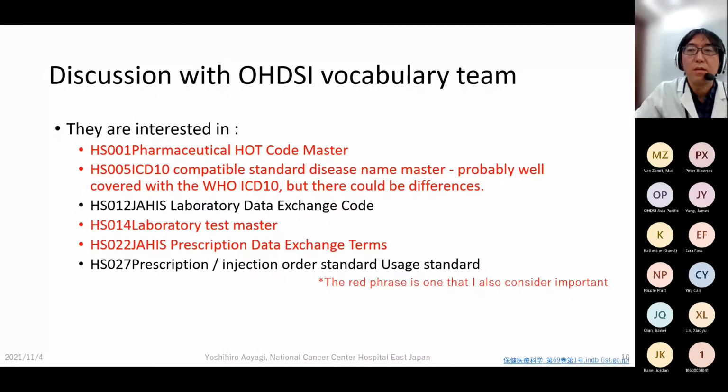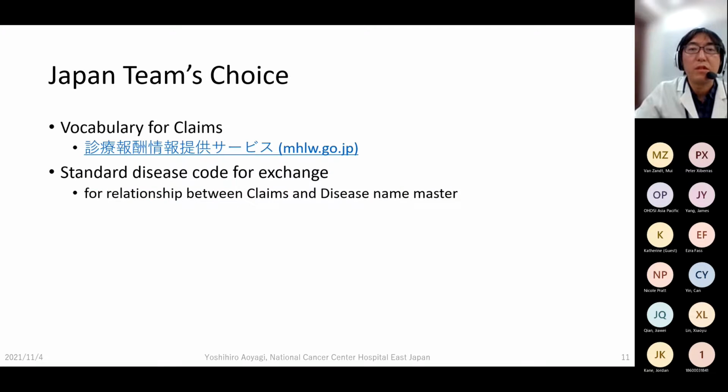Therefore, if it is medicine, for example, the Japan team wants to map the chemical component. We also want to perform the practical mapping. And we Japanese team think these codes are more important, although they are not listed in the standards of the MHLW.